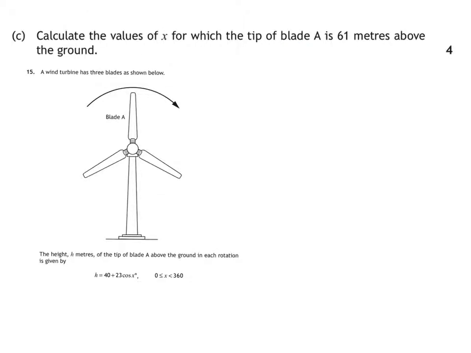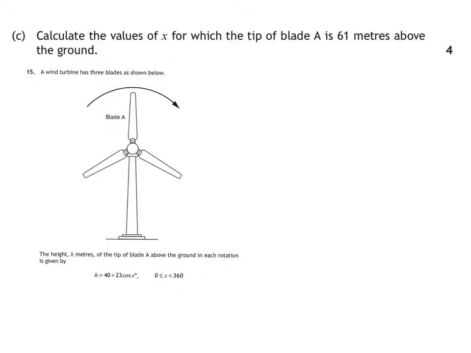Okay, part C, our biggie. 4 marks for this one. Calculate the values of x, so you're calculating the angles for which the tip of blade A is 61 metres above the ground. Now, when it's going round, there's going to be 2 points where your blade is 61 metres above the ground.